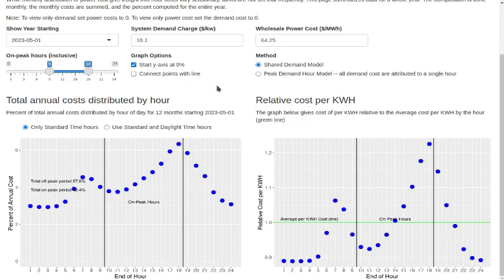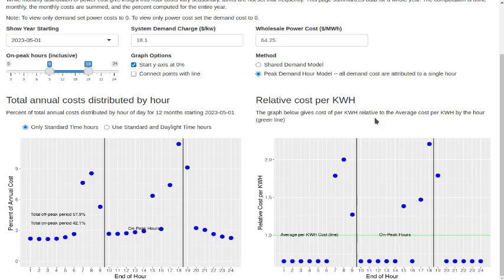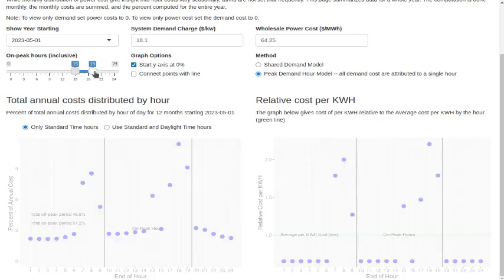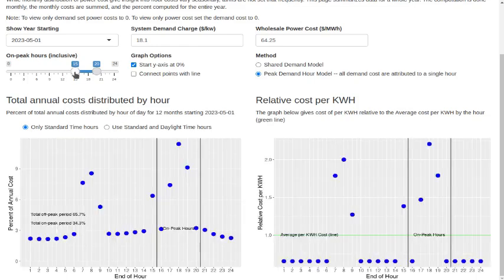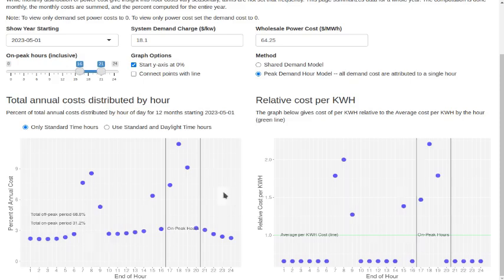One other option on here that you can select is what's called the peak demand hour model. That is where all of the demand is attributed to 1 hour, and this is the type of shape that you get. What this is useful for is saying, okay, if I want to set hours, I might go in here and say, okay, let's make those hours from, let's go, 4 o'clock to 9 o'clock.